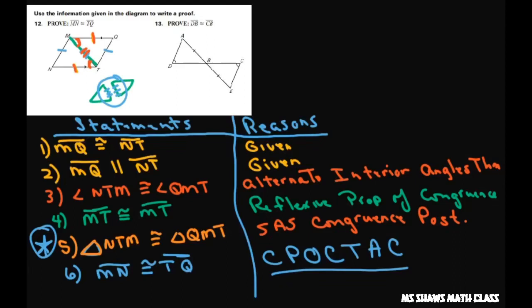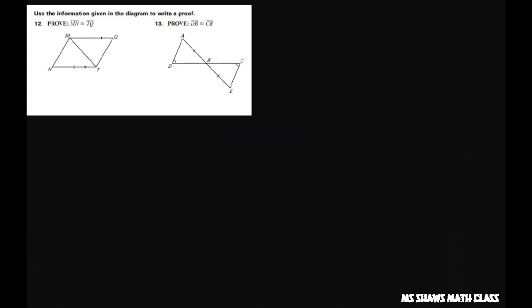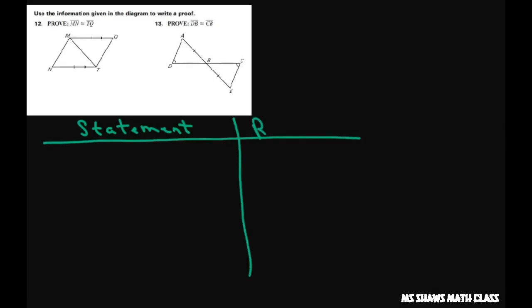Now the second one, let's write our statement. And I'll go down here a little bit and write the reason. And the bottom line is we want to prove that DB is congruent to CB.